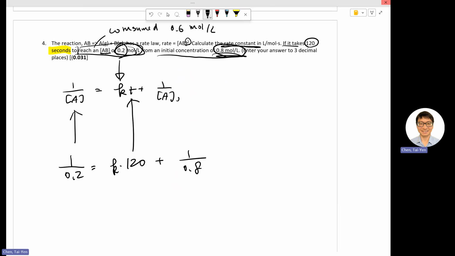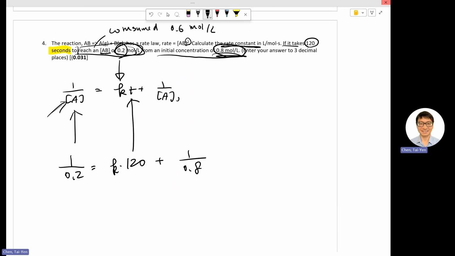If they say they consumed 0.6, that means you still have 0.2 remaining. So this is the amount that remains, not the amount that got consumed. Do you see the difference? It is very important that you see this, because that is a place where they're going to play tricks on you.